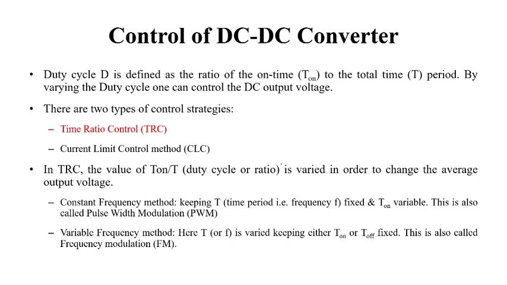Basically, in the current limit control, we define a band. We define the upper limit and lower limit of the load current, and our load current just moves between these two. This is our upper limit, this is our lower limit.